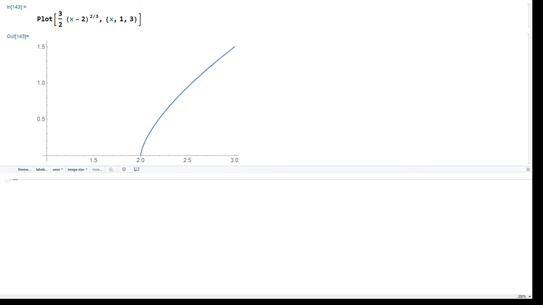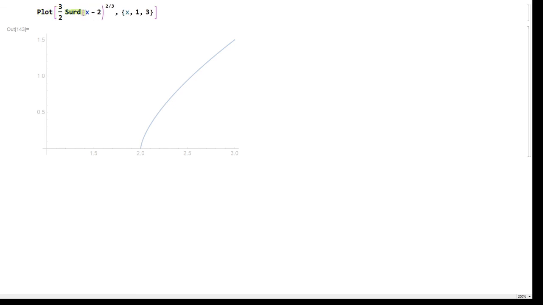I forgot about something. Mathematica is a bit weird with cube roots. The way we get around that is, there's a function called Surd, but, sorry, Surd is if you want general roots.